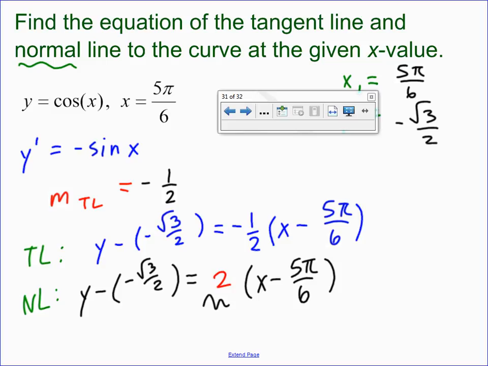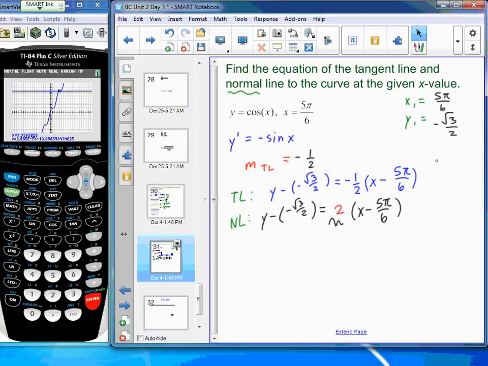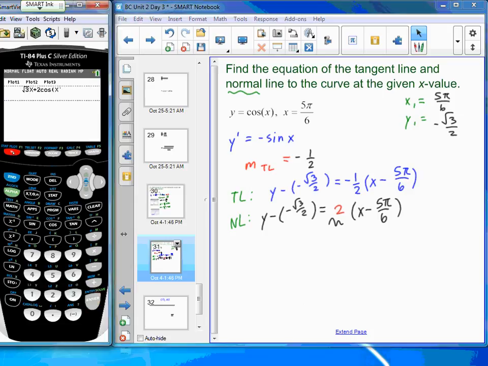All right. We're going to go ahead and do a quick check then. In each case, I'm going to subtract over root 3 over 2 and check on my grapher. So I've got y equals, clear, zoom 6, and my original cosine of x, and my tangent line, so y equals negative 1/2.